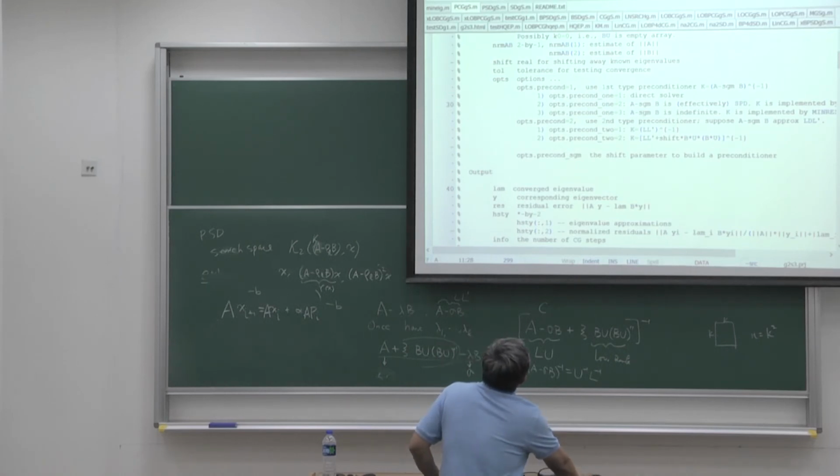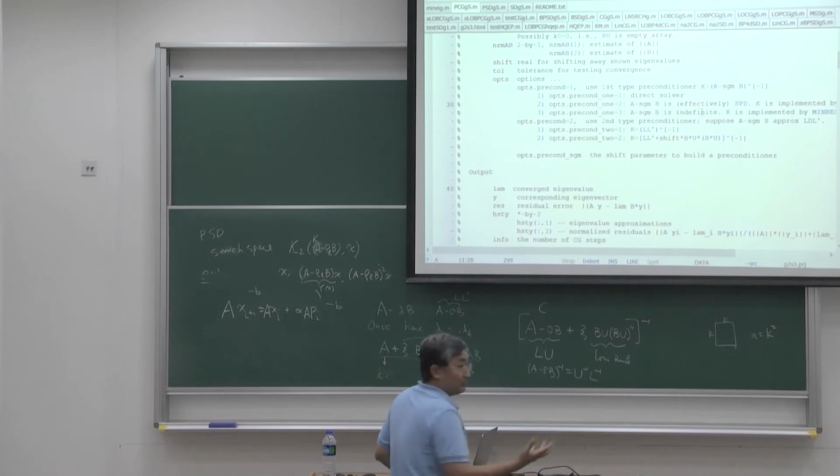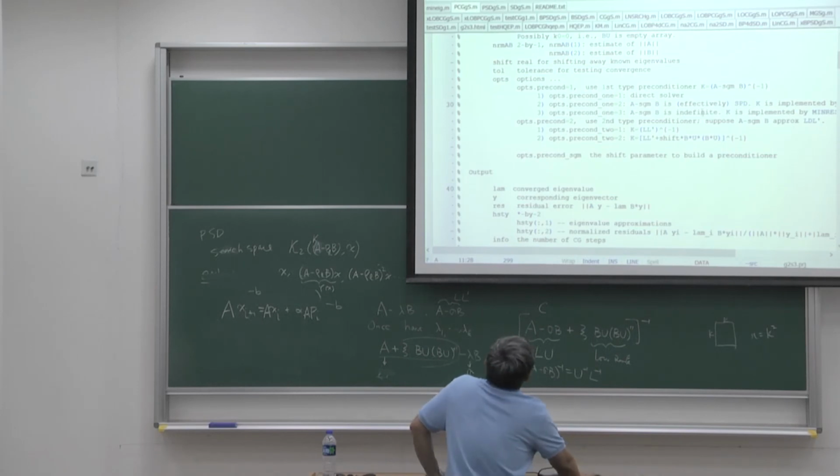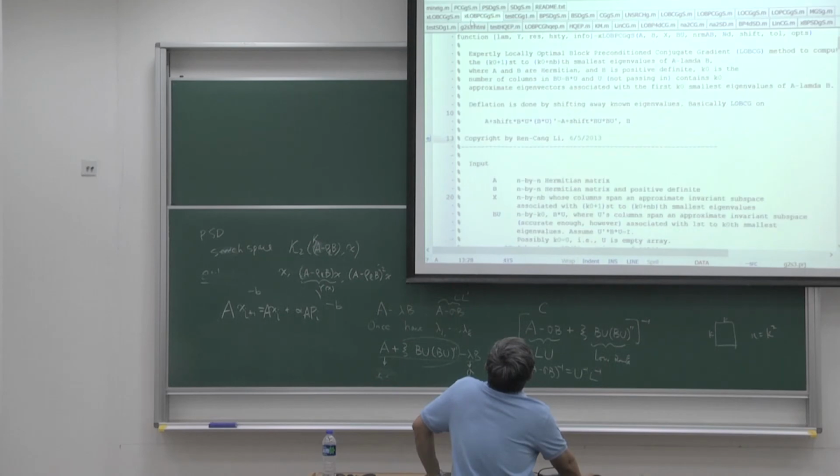One of the options, when A minus sigma B is indefinite, I haven't implemented, so obviously more work has to be done. And there's another so-called expert routine I can run, locally optimal CG. I actually have two, one with preconditioner and one without.